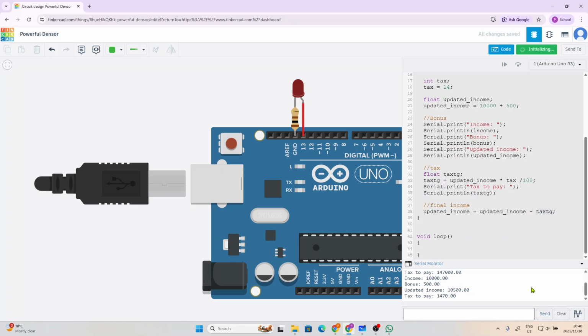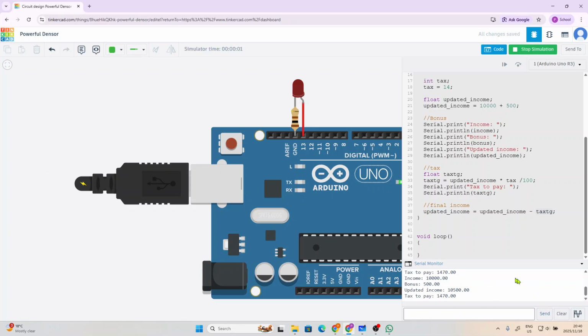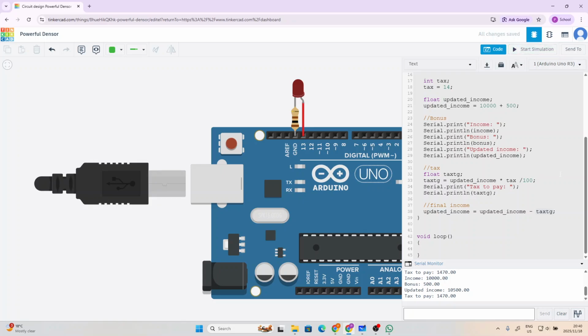So in this case, we get the number of, didn't print that to the serial. Right. Let's clear this.